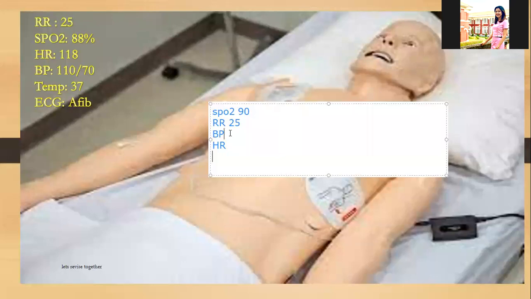Now, John, I would like to check the circulation. So I want to go to the periphery to check whether there is any cold periphery, capillary refill time. Pulse is 118, on the higher side, and blood pressure is 110/70.